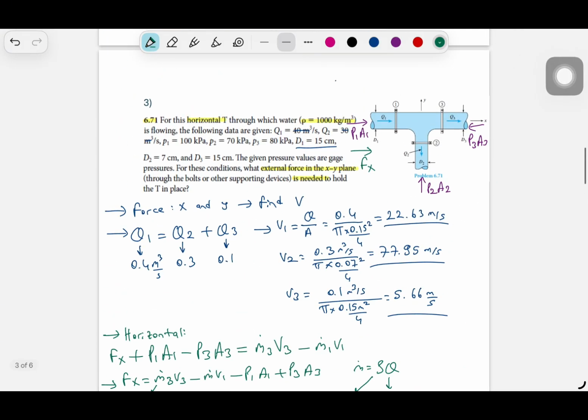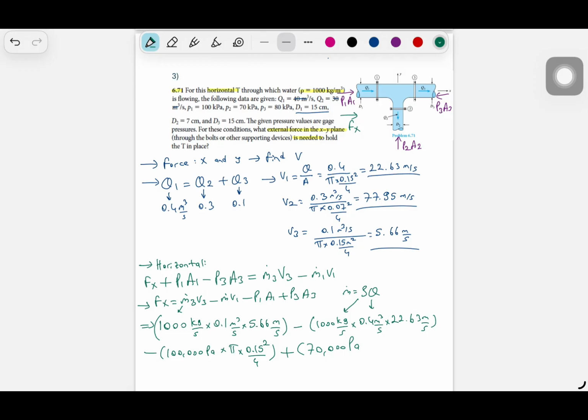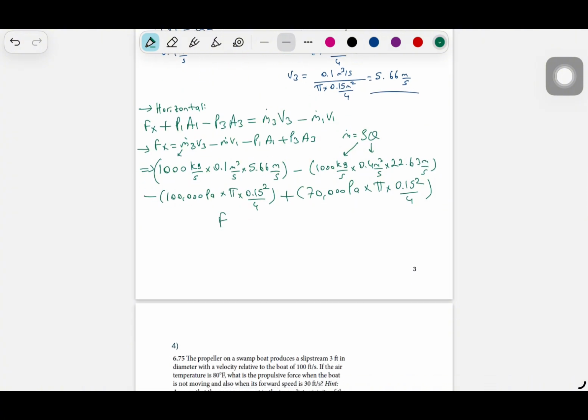So this is the area of this section again. And lastly we have P3 A3. So it was 70,000 Pascal times area. So it will be pi d squared over 4. So we can write, because they have the same diameter. And from here, you can get minus 8,840 Newton.